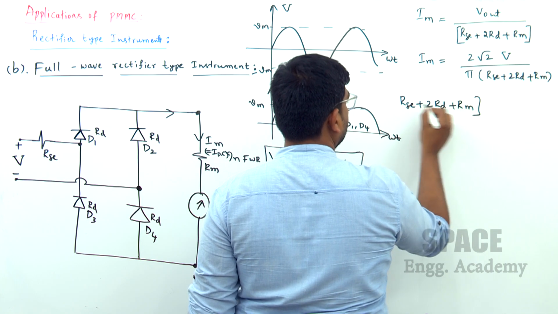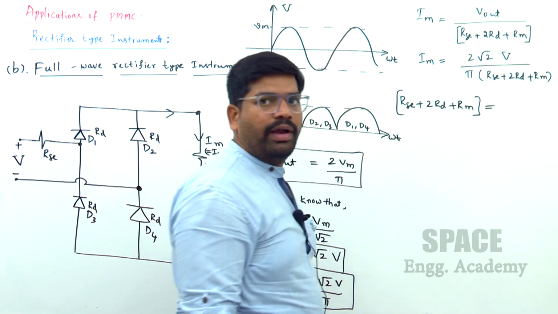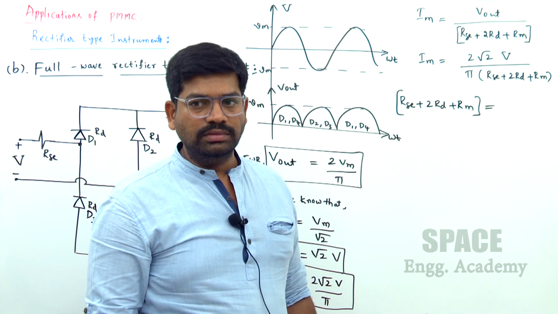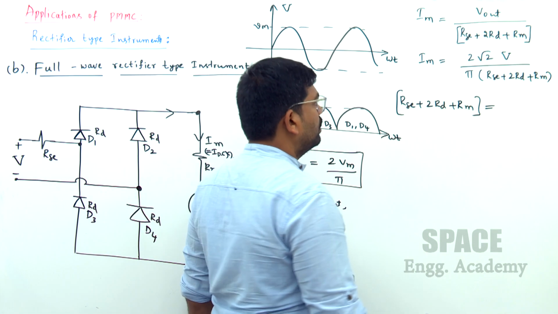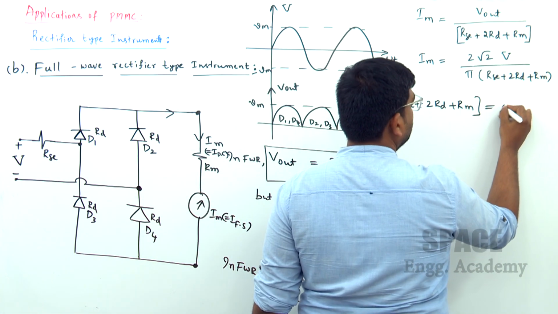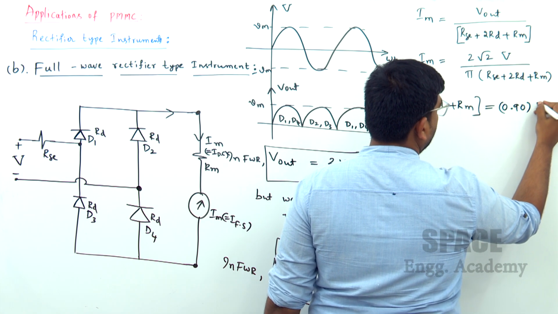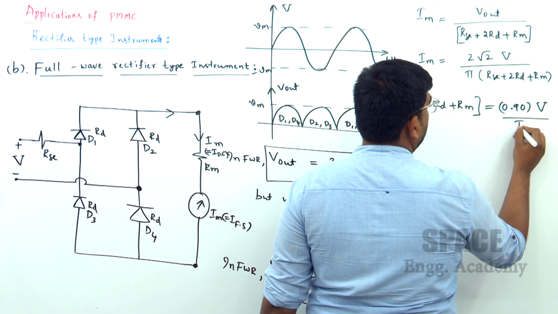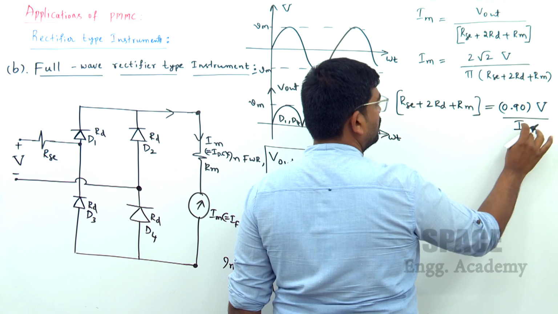Right hand side, 2 root 2 by pi is 0.45 we got in our half wave rectifier. Now it is full wave, multiply with 2 means we will get 0.9 into RMS voltage by IM. I am taking IM into denominator here.